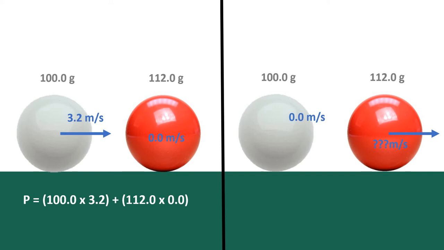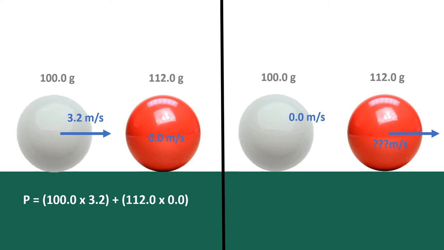So we're not so much thinking of the momentum of each ball, but of the entire system. Okay, so both balls basically. So we have the mass of both balls. We know the velocity of the cue ball at impact, 3.2 meters per second. We know the velocity of the red ball pre-collision.